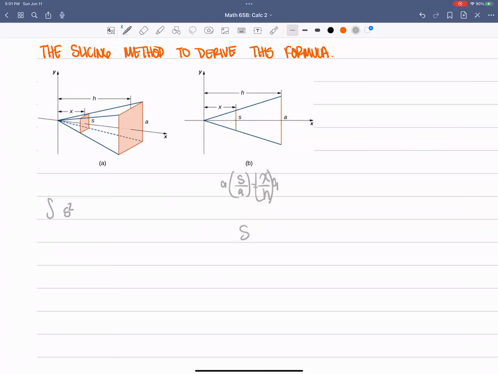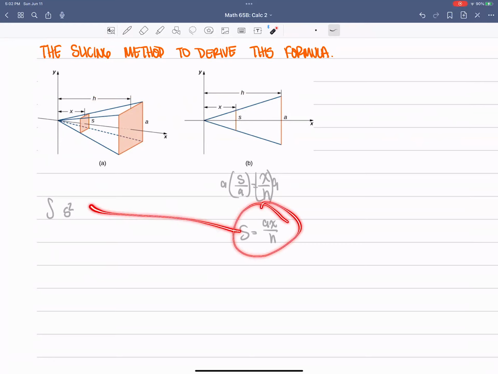So we have s equals ax over h. a is how wide our cross section is, and h is how tall we're integrating over, because the cross section is only based on the base.